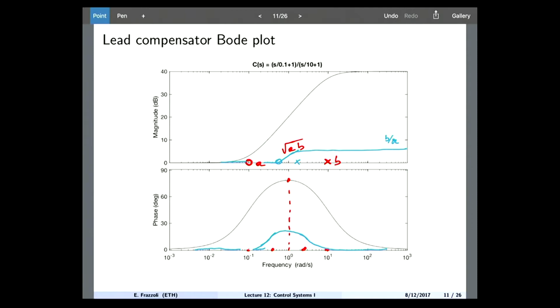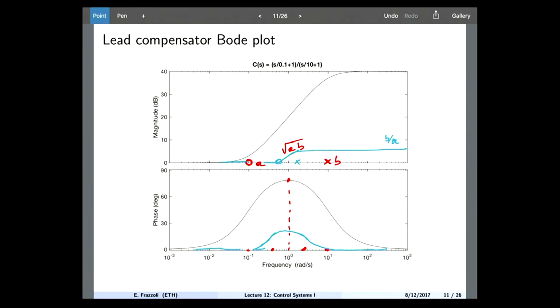That's exactly correct. Remember that at crossover, you want the phase to be less negative, so we want it above negative 180 degrees. The difference between your phase and minus 180 is what is called your phase margin, which is a measure of robustness.